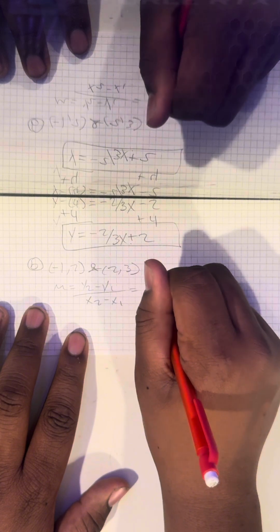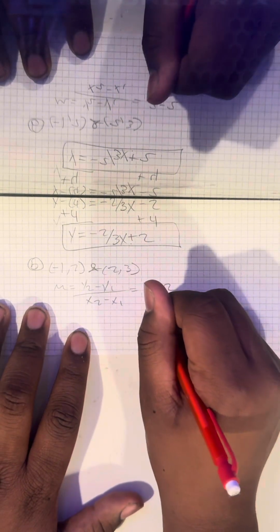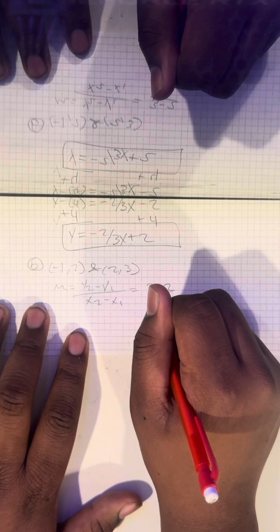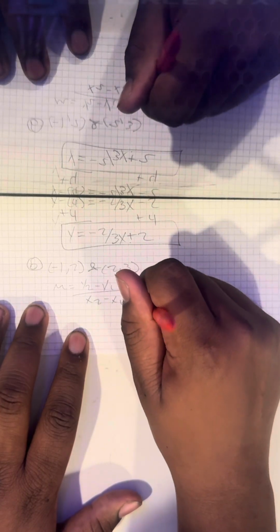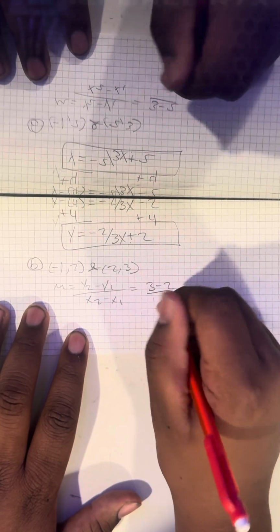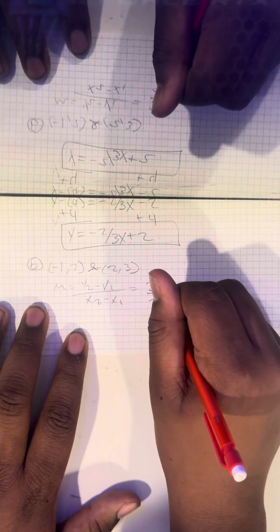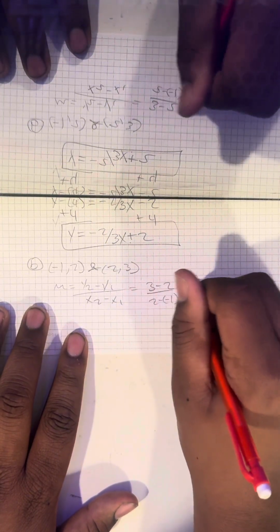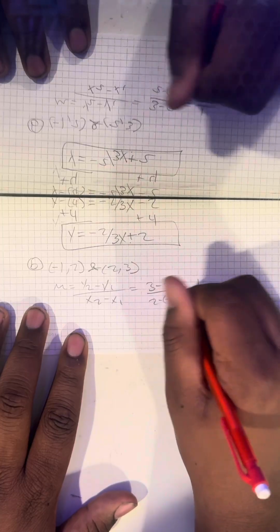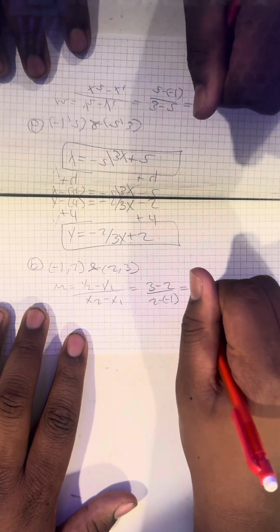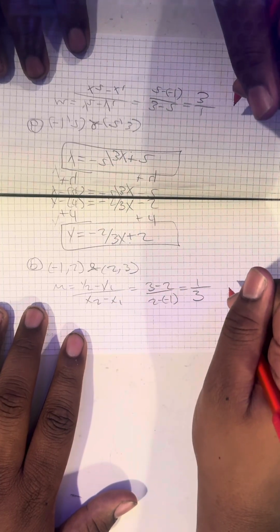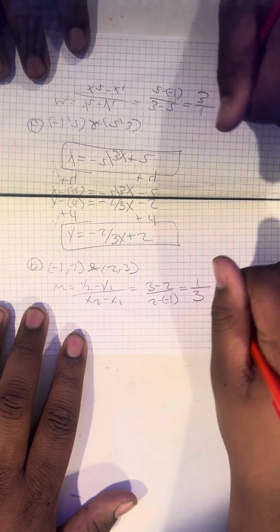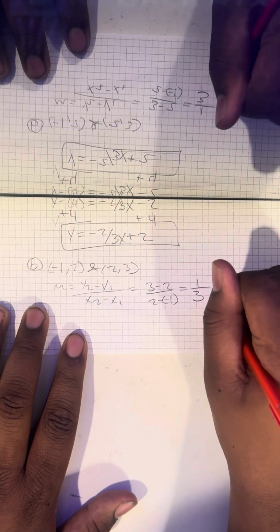It would be 3 minus 2 over 2 minus negative 1. This would be 1 over 3. 1 over 3 would be our slope.